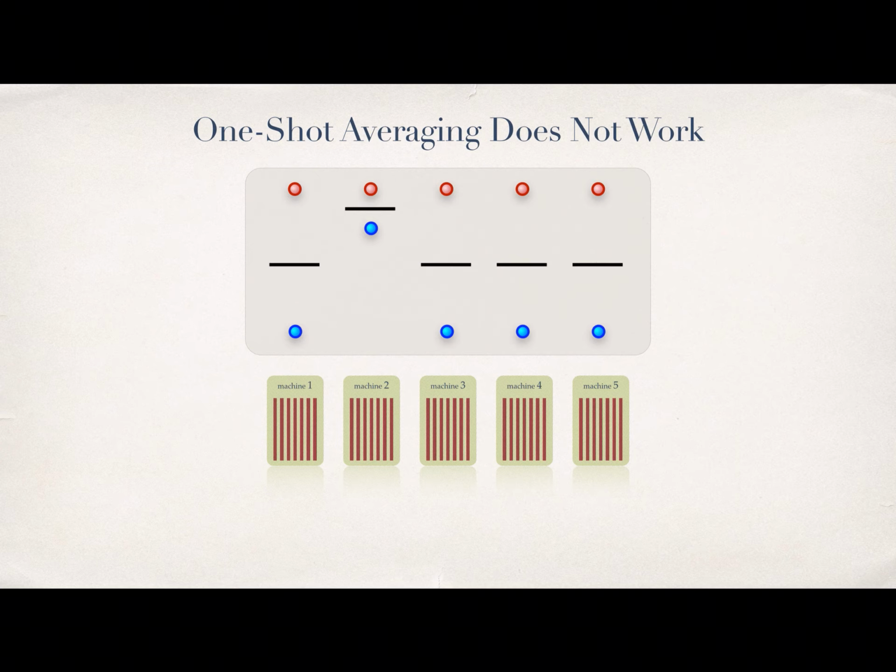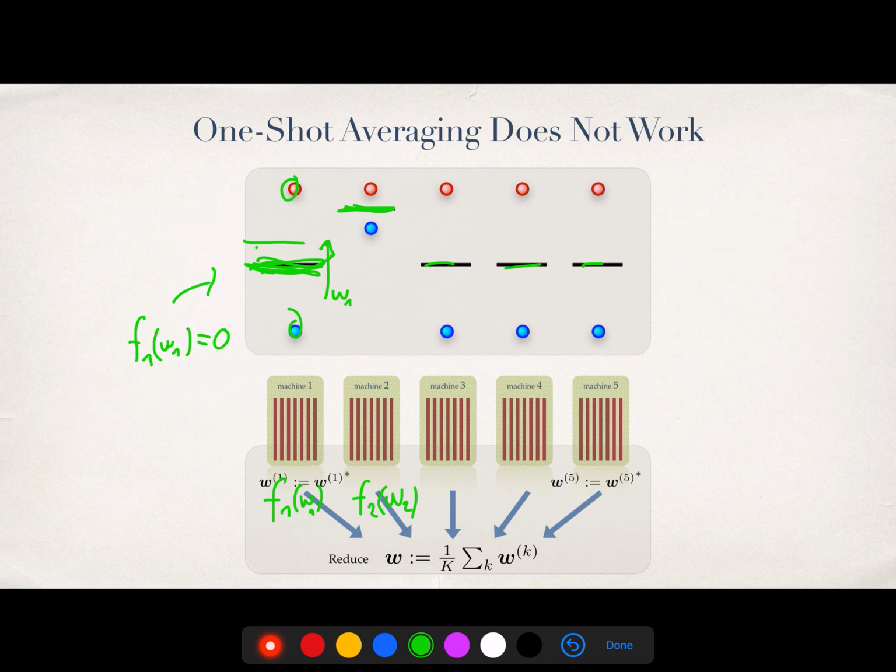The resulting average will look something like this. If you average these guys, the set of the W parameters, you can see this is not a good classifier.